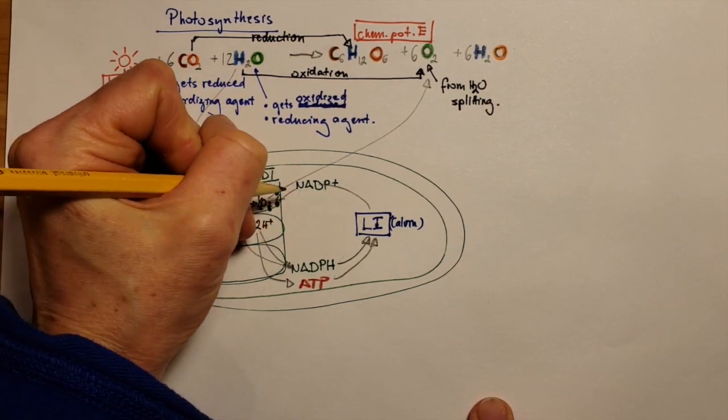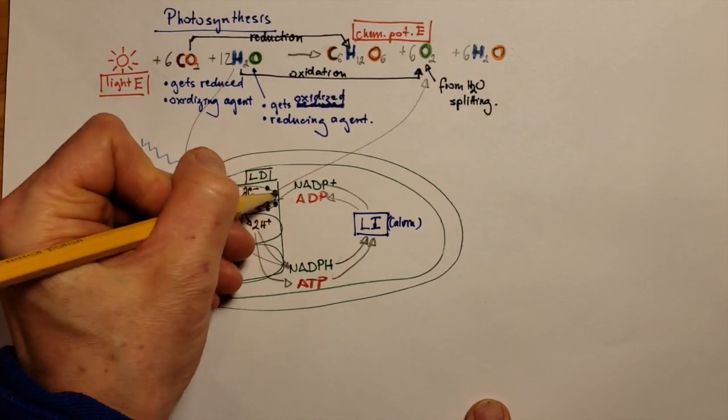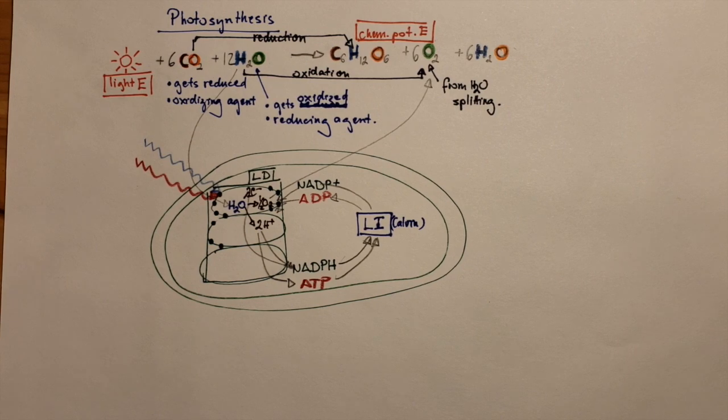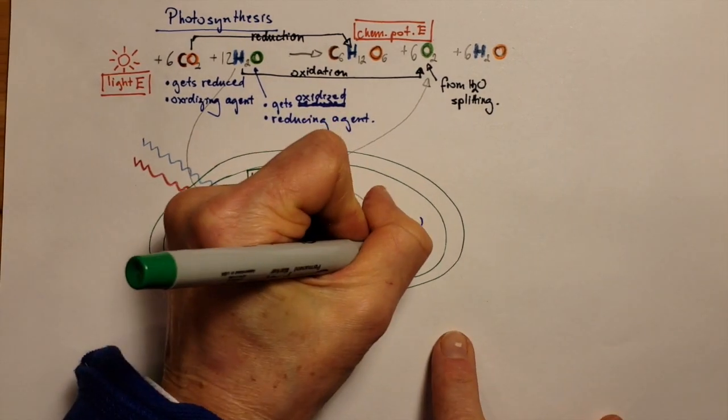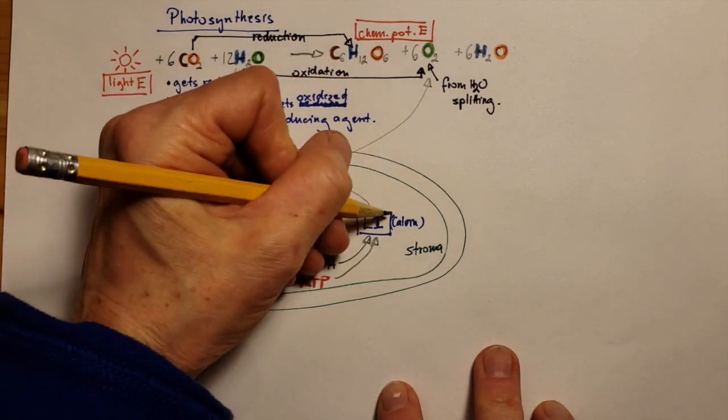The oxidized NADPH, the NADP plus, goes back into the light dependent place, as well as the ADP, to get reduced again or charged with a phosphate.